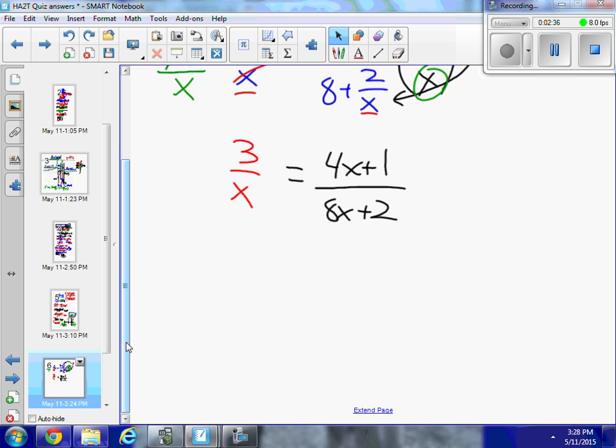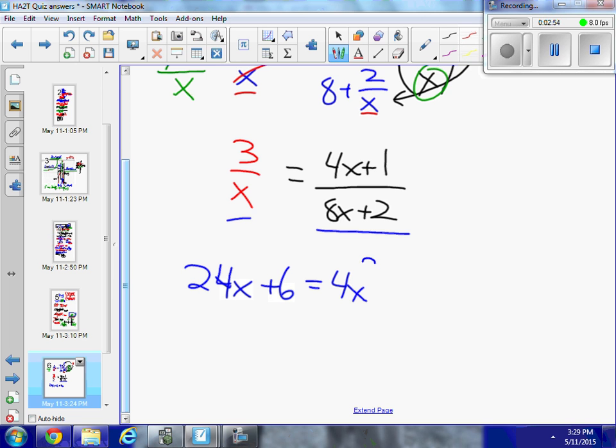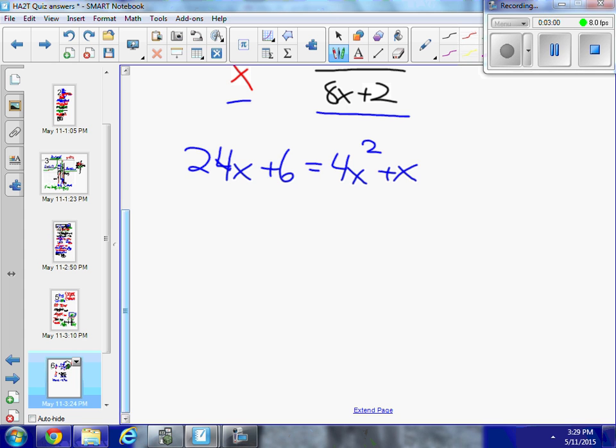So now I have a proportion here. I have a fraction equal to a fraction, and I'm going to cross multiply. So I have 24x plus 6 is equal to 4x squared plus x. I can see it's a quadratic.